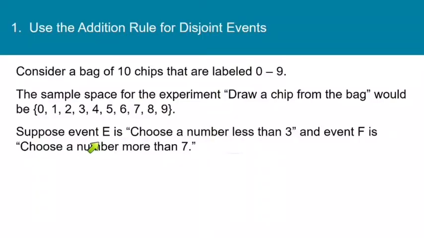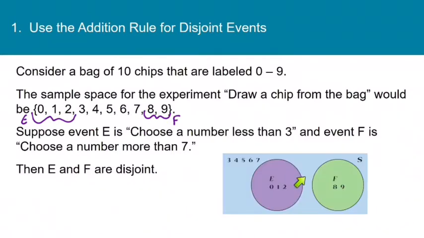So that's the sample space because those are all the possible outcomes of the experiment. Now suppose event E is choose a number less than 3, and event F is choose a number more than 7. Then the outcomes 0, 1, and 2 would be part of event E, and the outcomes 8 and 9 would be part of event F. And notice that the two events do not share any outcomes. Here is a Venn diagram of the sample space.